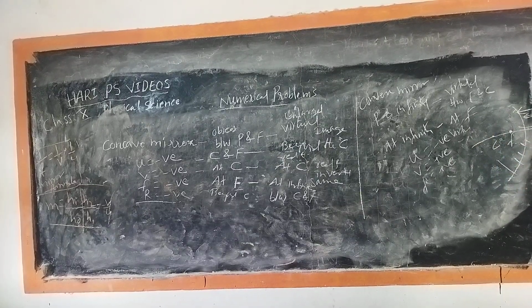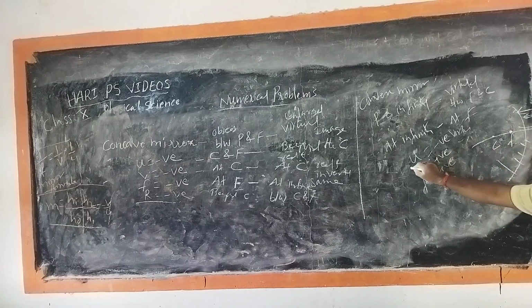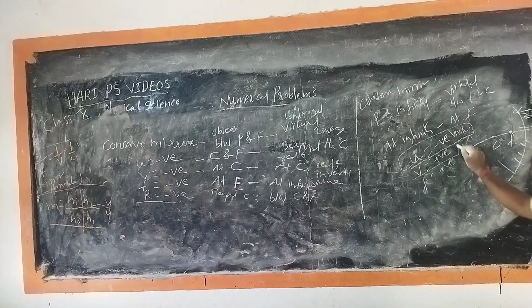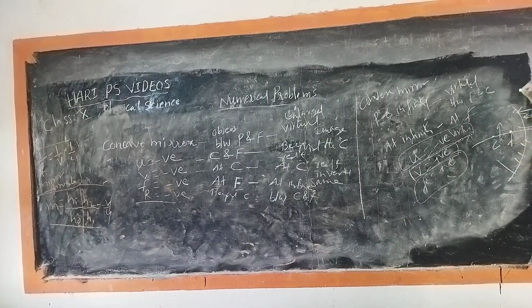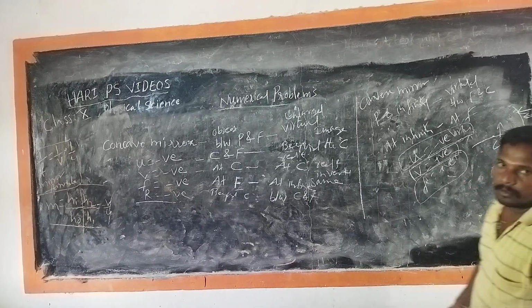Object placed here is opposite to the direction of light rays, so object distance is negative. All are positive. So object is above the principal axis, image also above the principal axis, so size of the object and size of the image are positive.